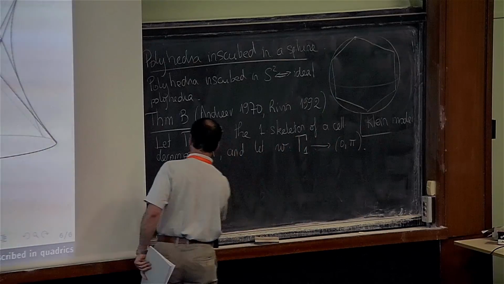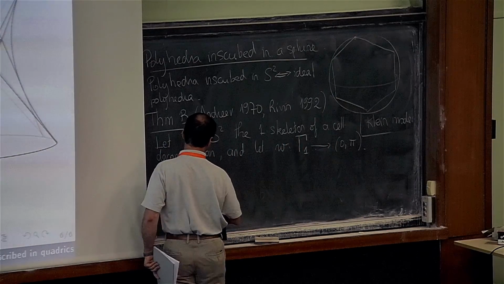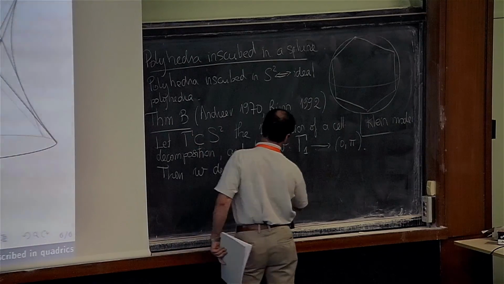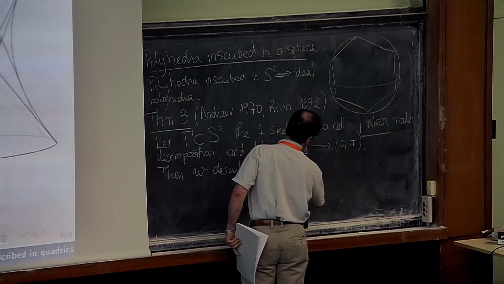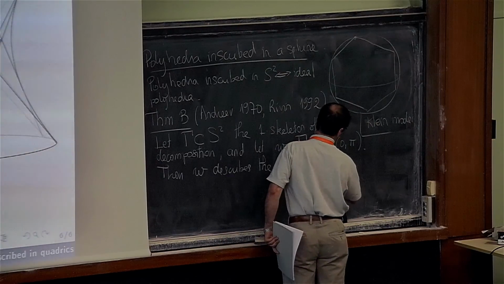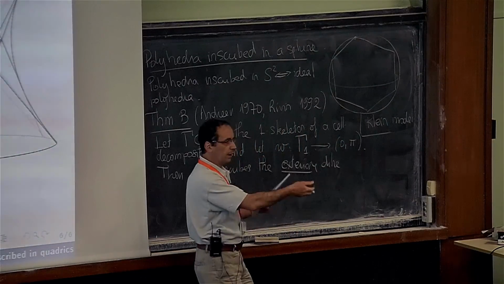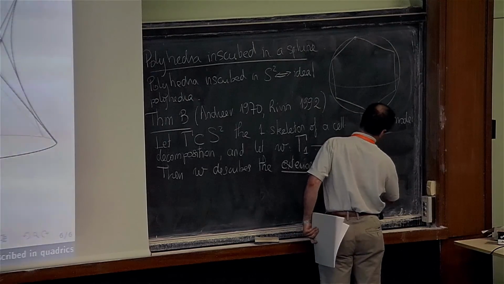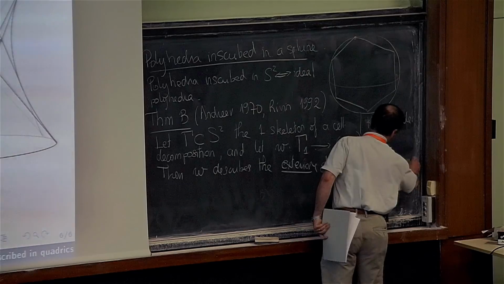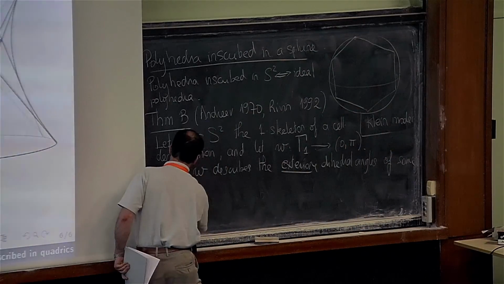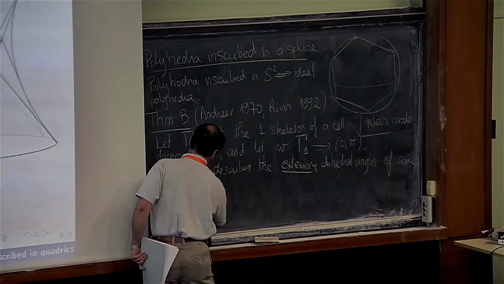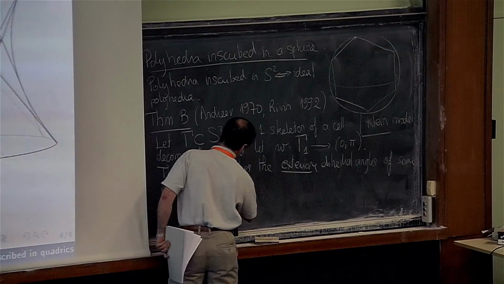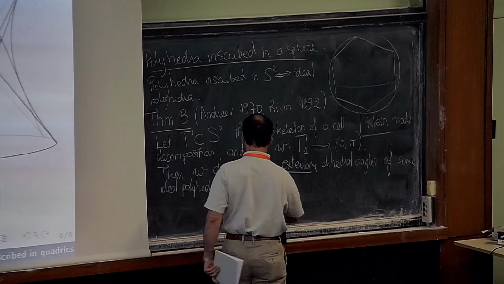Then the statement is that w describes the exterior angles. Those are the usual dihedral angles, but you take pi minus the usual angles. So w describes the exterior angles of some ideal polyhedron if and only if two conditions are satisfied.